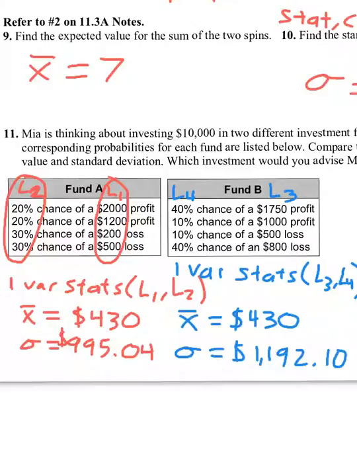If you look at it, there's a 50% chance of a $1,000 profit or more. Looking at Fund A, there's only a 40% chance of getting a profit of $1,200 or more. So Fund B gives you a higher chance for big gains.